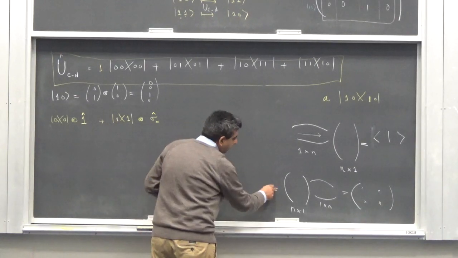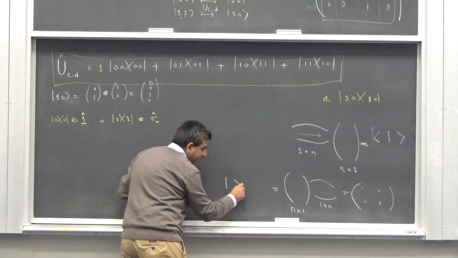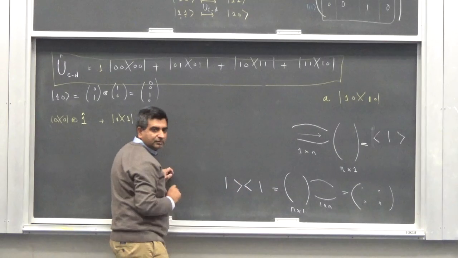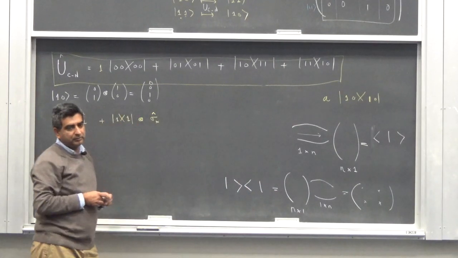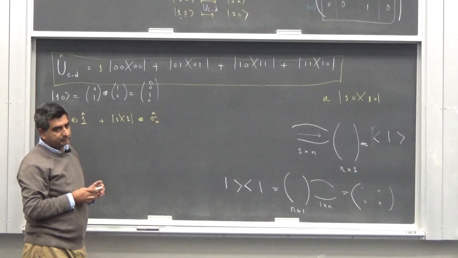This is really a column vector, therefore it is a ket. This is a row vector, this is a bra. Now suppose I don't know how to write those 4 elements. What are we multiplying with what?